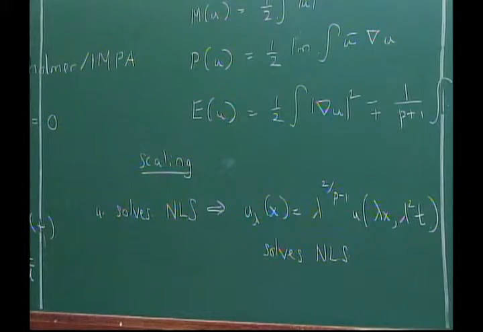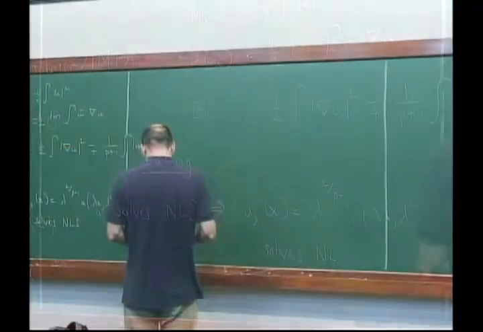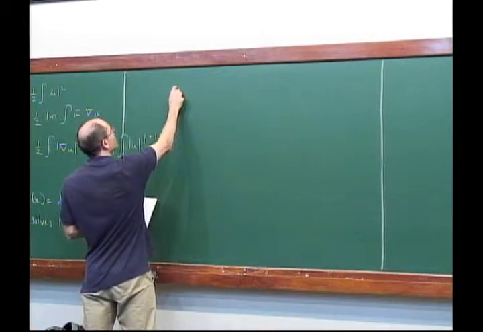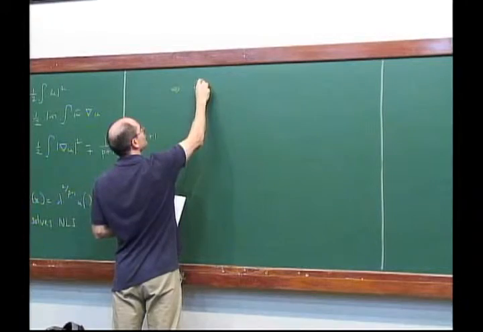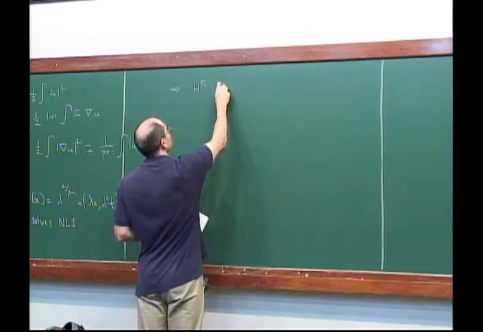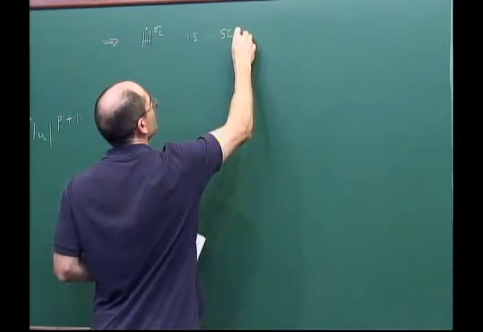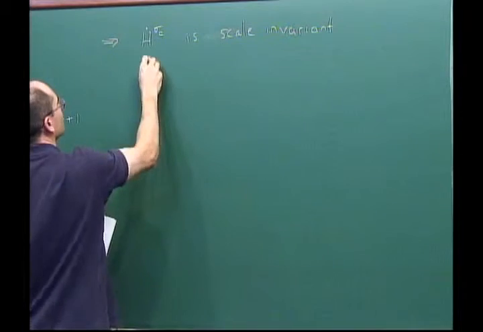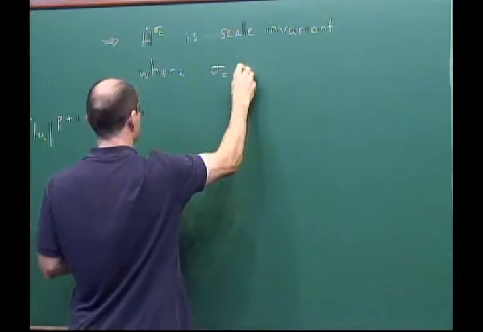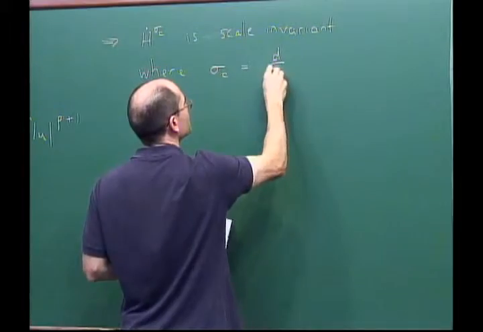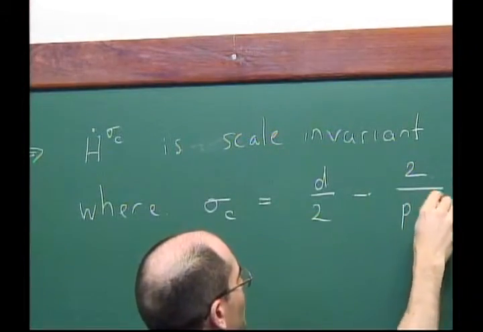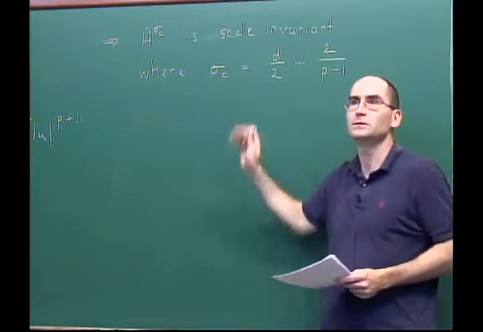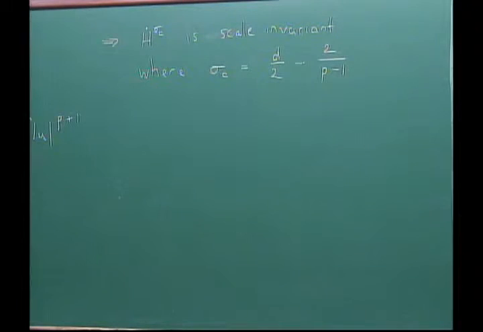So that tells us that as far as the L2-based Sobolev norms are concerned, H dot sigma sub c is scale invariant. Where sigma sub c is equal to d over 2 minus 2 over p minus 1. That's the homogeneous Sobolev norm, H dot sigma.